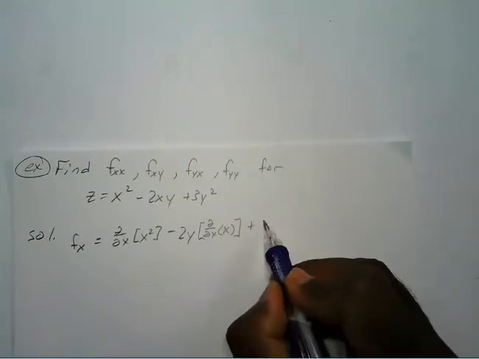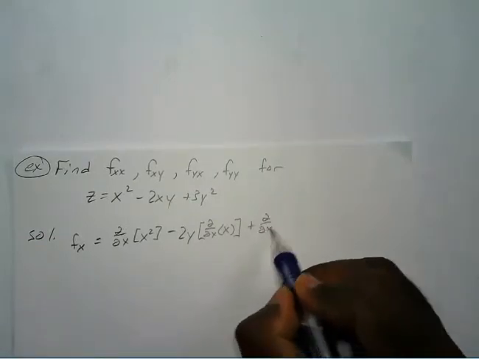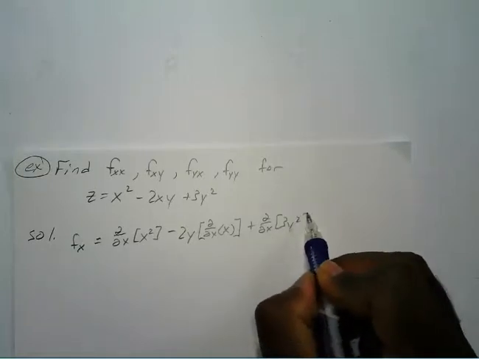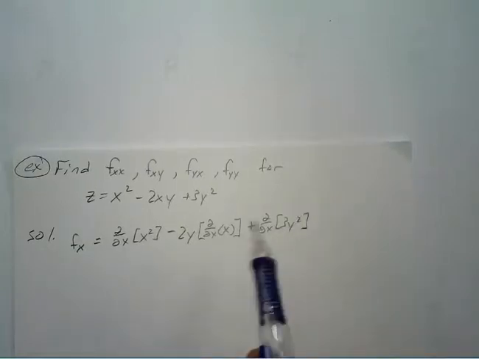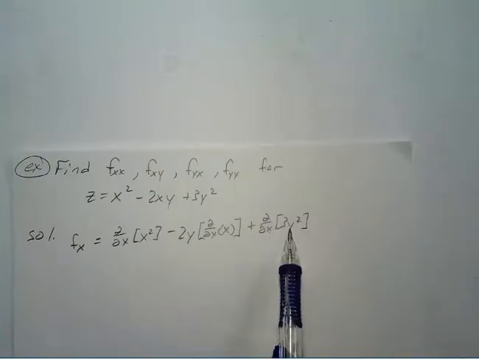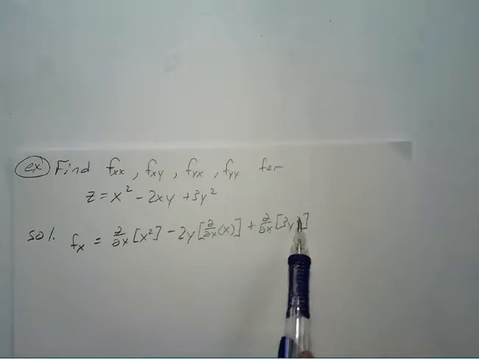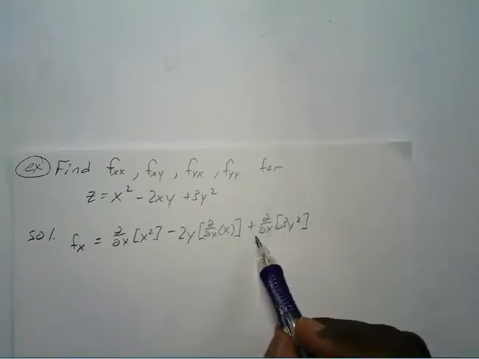Okay, so plus the derivative with respect to x of 3y squared. I'll just leave that together because it's with respect to x, but it's a y variable, so it's considered a constant. So the 3 and the y squared, all constants, so the derivative of a constant is 0.